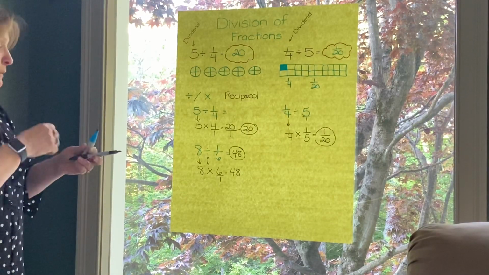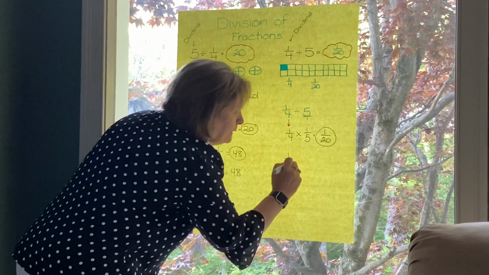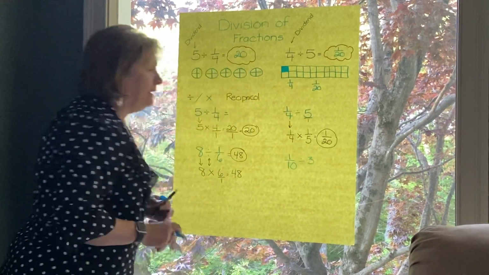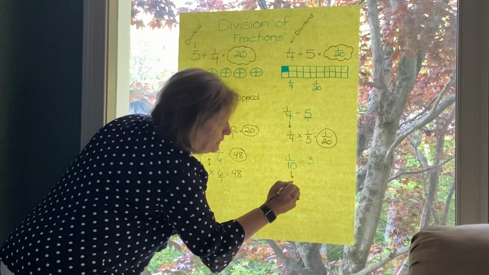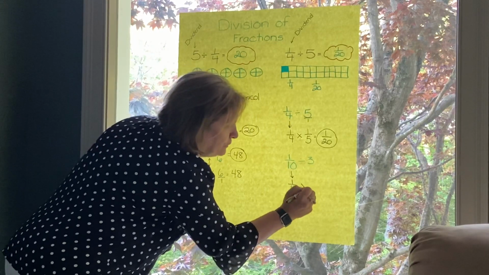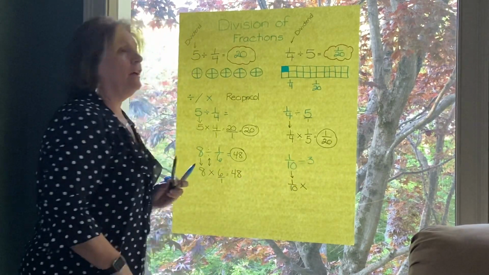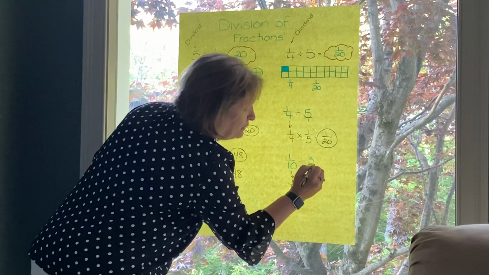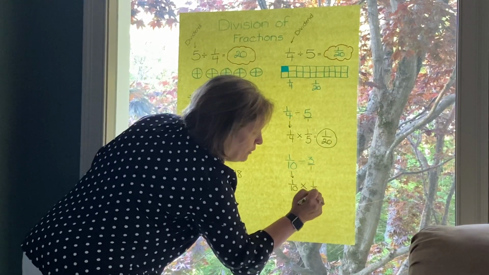Let's look if we start with a fraction. If our fraction is 1/10 and we divide that by 3, we know that we keep the dividend or the first number the same, 1/10. We switch the division to multiplication, and then we do the reciprocal of 3. Since I know that I can write 3 as a fraction, 3/1, I will switch that to 1/3.